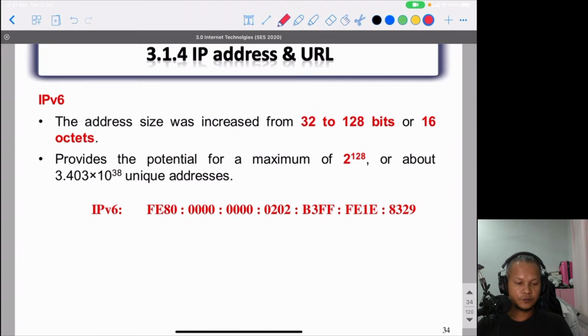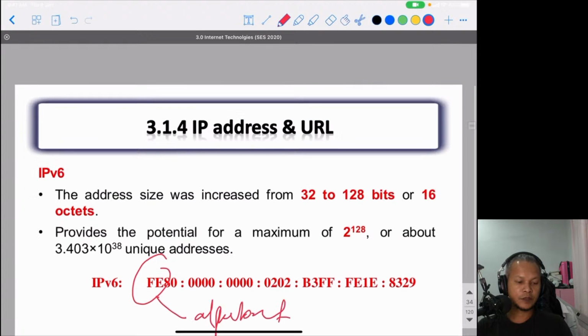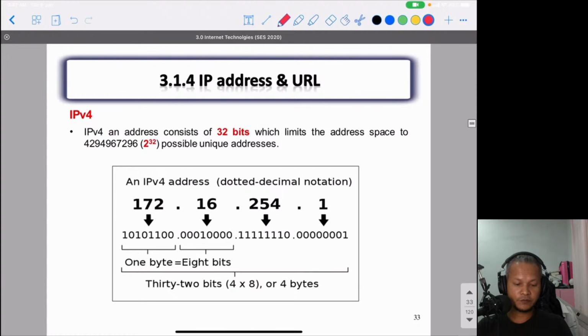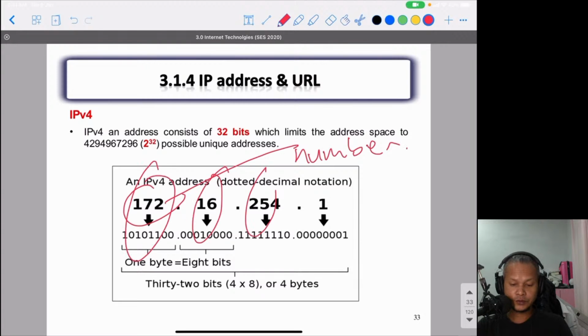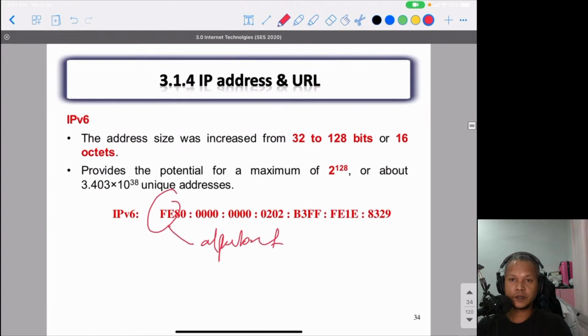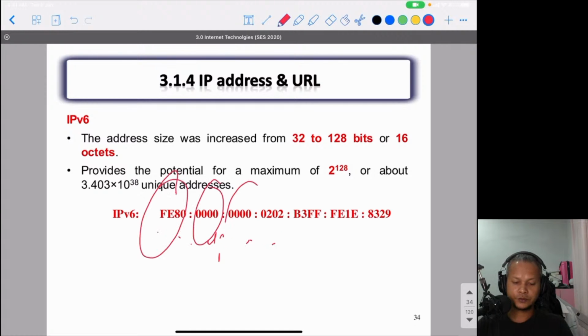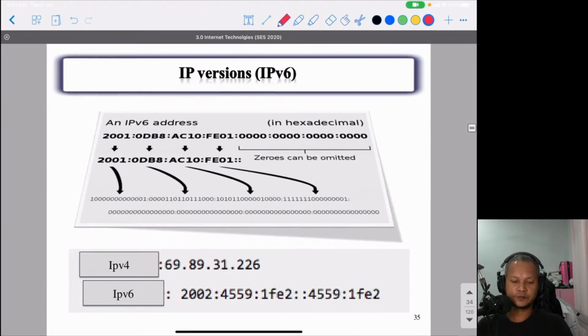Okay, the IPv6 has alphabets, but the IPv4 has only numbers, and has 1, 2, 3, 4 places. But the IPv6 has 1, 2, 3, 4, 5, 6, 7. Have a 7.